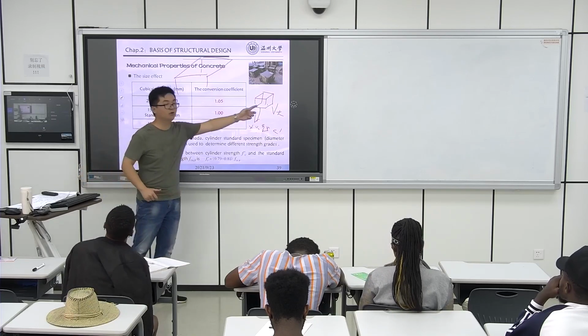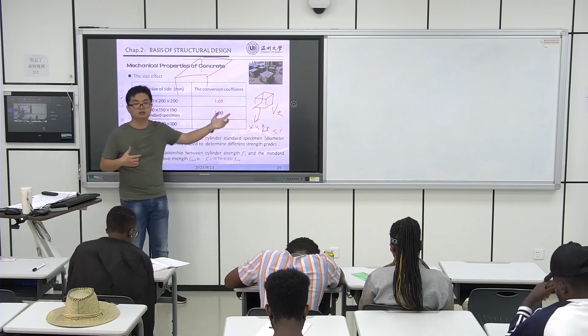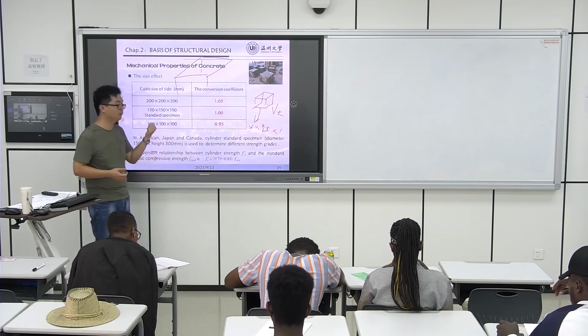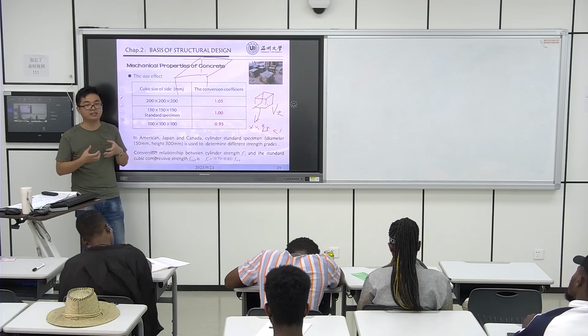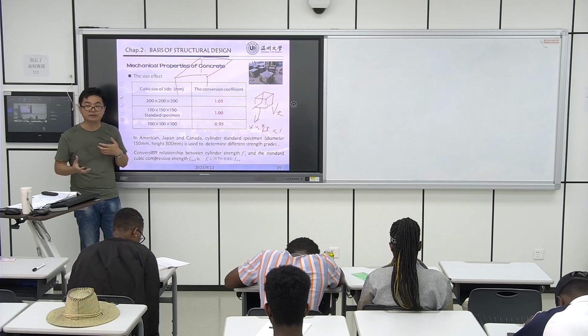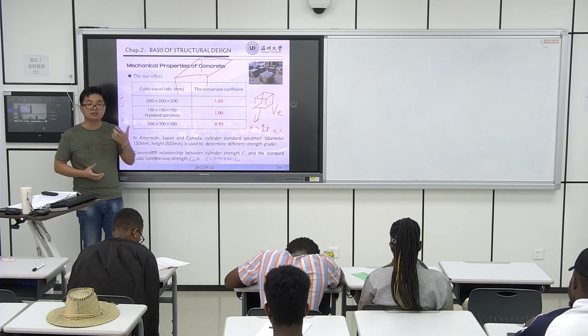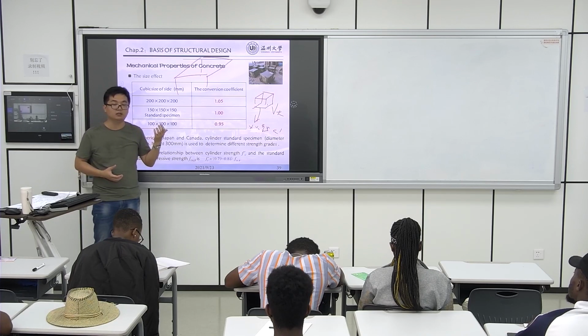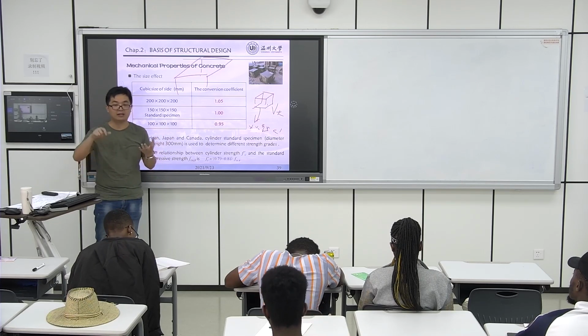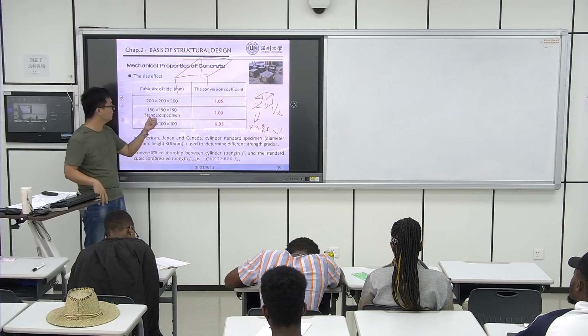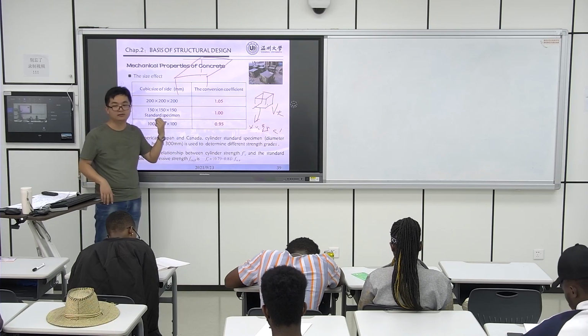Yeah, because the size of the 100 cubic is smaller, right? Smaller means it is affected more by friction. That means the compressive strength we test will be larger than the standard one.